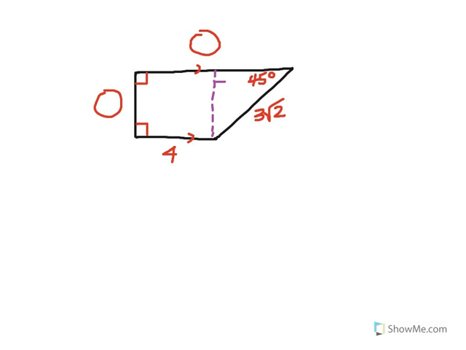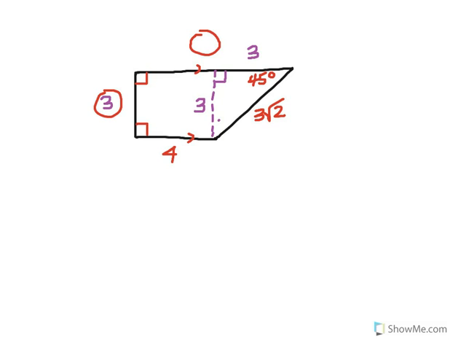Because I know if this is a 90, then this is the other 45 down in the bottom. So now to get from hypotenuse back to leg of a 45, 45, 90, I have to divide by root 2. So 3 root 2 divided by root 2 leaves a 3 here on this side and a 3 on this side, which is going to be the height of that.